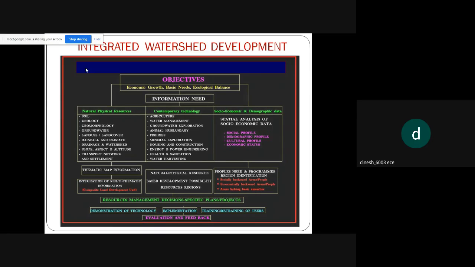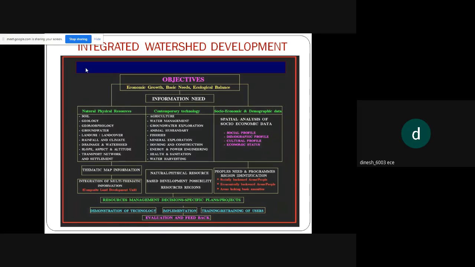What does this data give? It gives information about the people's need and programs region identified: the socially backward areas or people, the economically backward people or areas, the people who lack the basic amenities. So depending upon that, the classification is done.